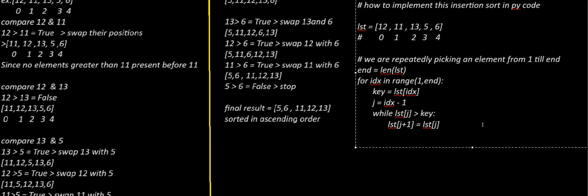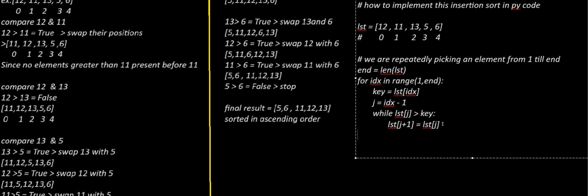In that way, we need to check each and every element till my key value is less than the current value. So I just need to decrease my j value till the start.